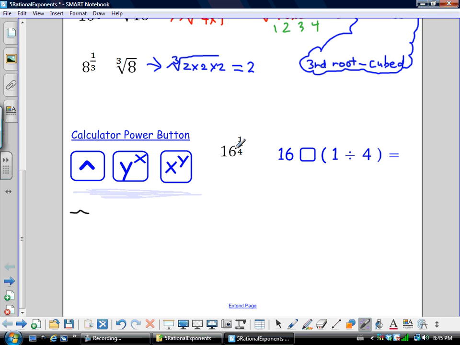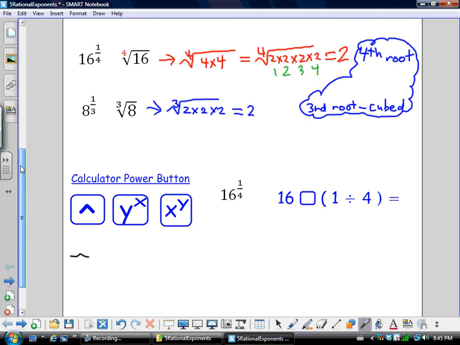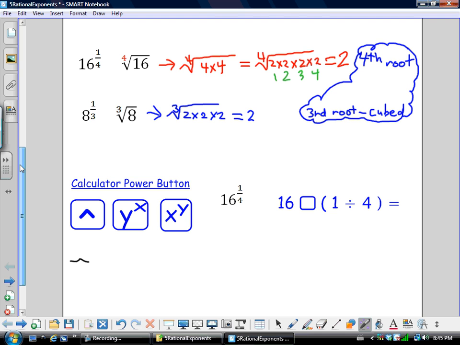So you have to use brackets so that your calculator understands it has to divide that. So in the sense when you're doing 1 divided by 4, you're actually changing that to a decimal for your calculator. Okay. Now, many of the numbers we're working with that are perfect cubes or perfect fourth roots, we should be able to do them without a calculator.